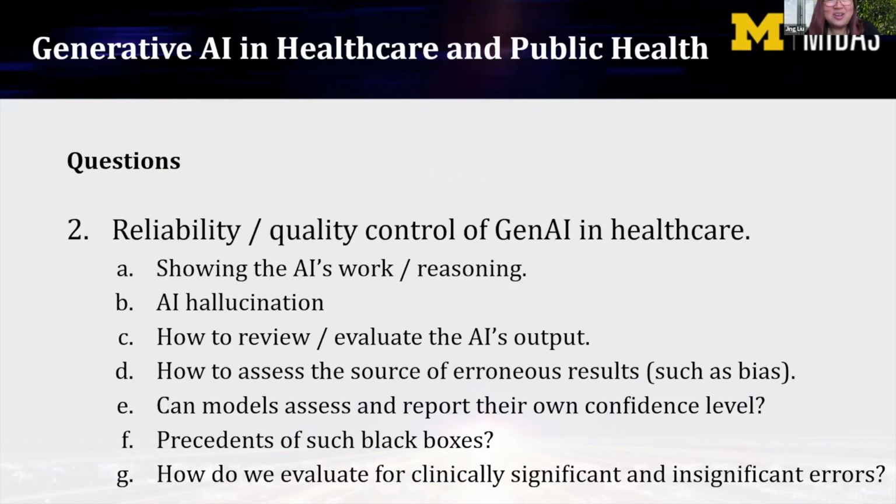And also how do we evaluate errors that are clinically significant and clinically insignificant? Multiple people asked about AI hallucination, and somebody also asked, have there been any precedents like this, a new technology that is very much a black box? So how about this time, AB, you go first.